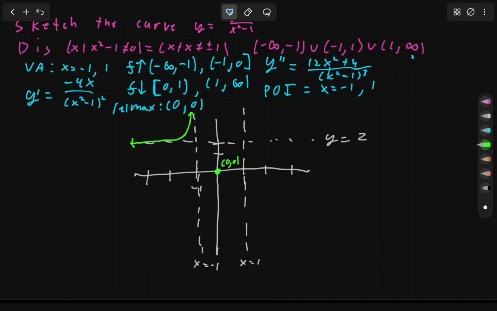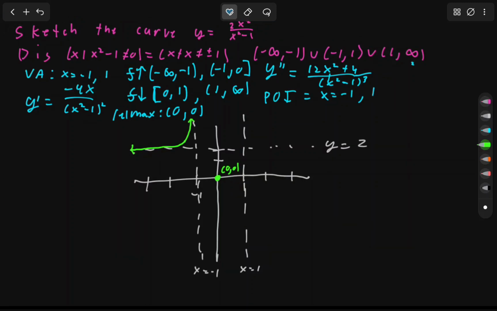Then, as we approach -1 from the right, it's going to approach -infinity. As it approaches 1 from the left, it's going to approach -infinity. And finally, as it approaches 1 from the right, it's going to approach +infinity. So we're going to get a graph that looks like this.